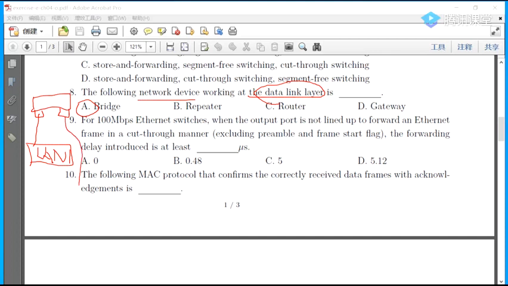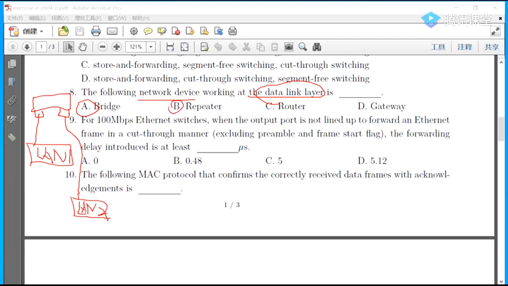The other port is connected to LAN 2. So the bridge as a data link layer device can connect local area networks.